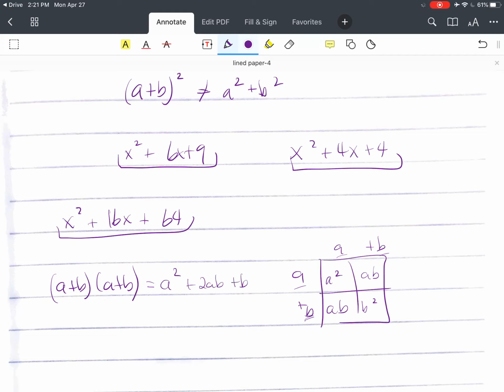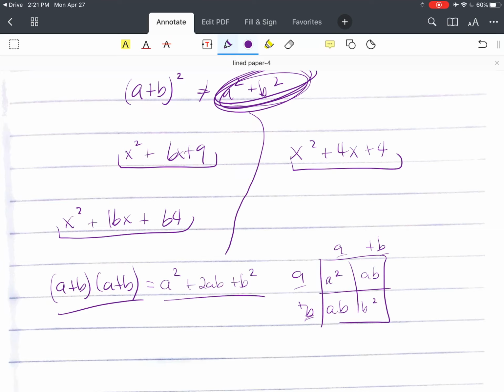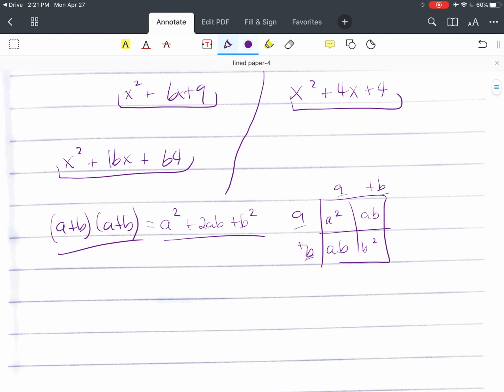So a plus b times a plus b is a squared plus 2ab plus b squared. This is different. A squared plus b squared is not the same thing as a squared plus 2ab plus b squared.